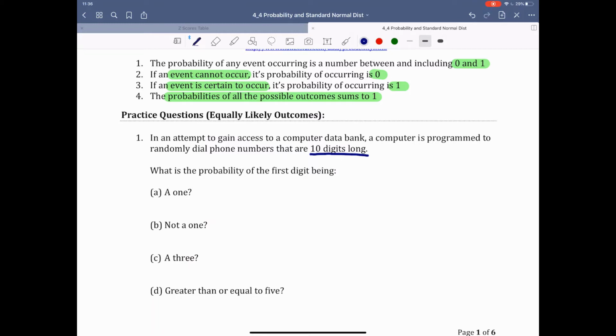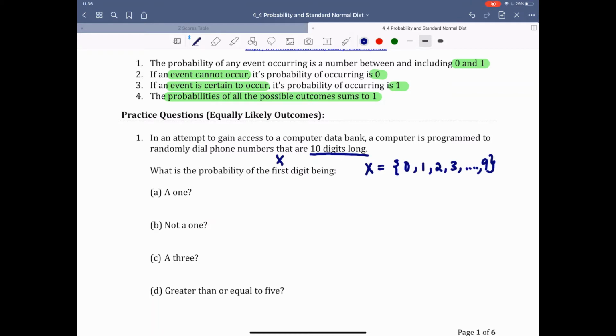Okay, let's talk about this. So we're looking at the probability of the first digit. That is what I want to know the probability for. And we know that the values of x can belong to 0, 1, 2, 3, and so on, all the way up to 9. So there are 10 different choices for each of the digits.